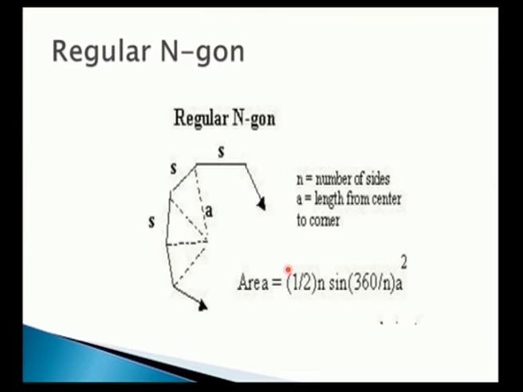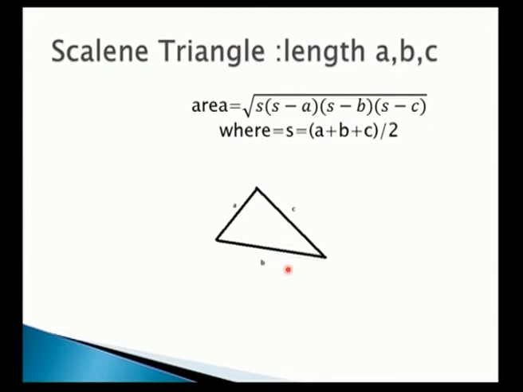Here a, b, c are the lengths of the three sides of the triangle. These are all the important two-dimensional plane figures used in the field of architecture.